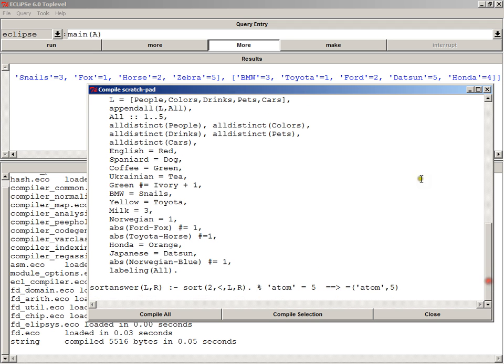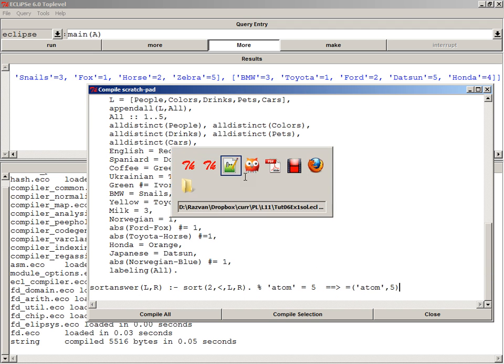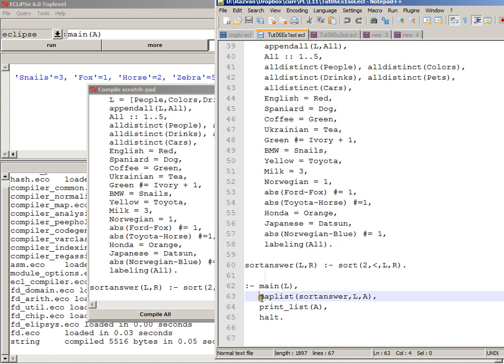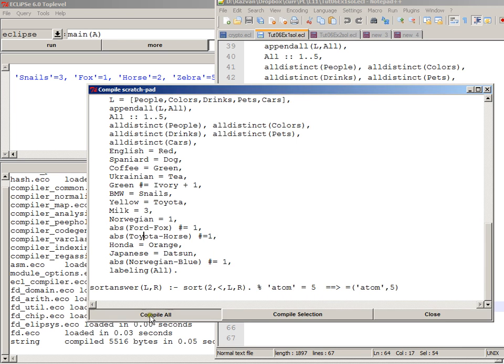The main program, which is what we're going to be running, uses this function called map_list in Prolog, which is the equivalent of map in Haskell. So I'm going to call this predicate. Let's do a compile all.